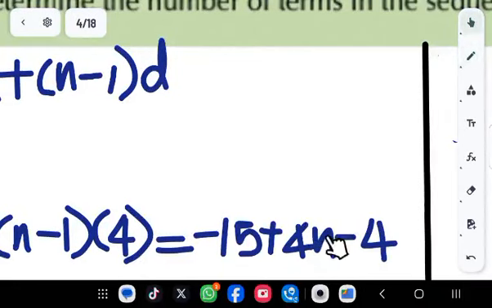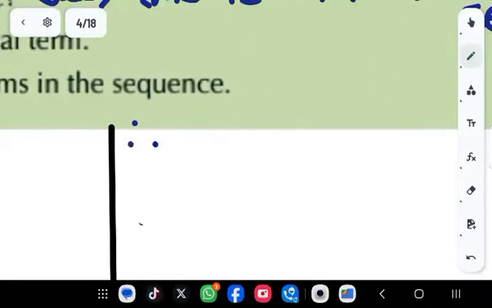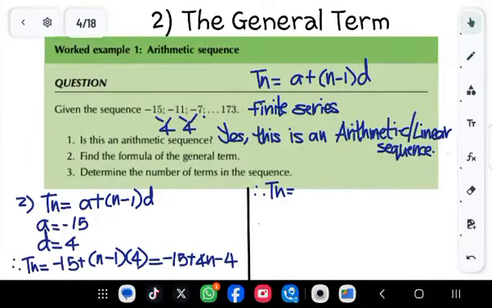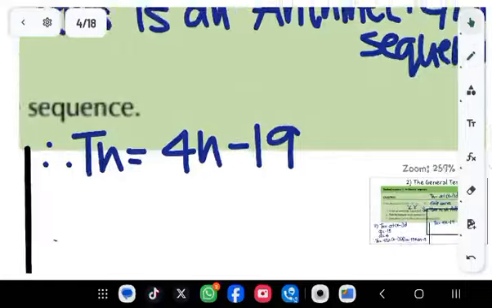So that's 4n minus 19. Therefore, the general term is 4n minus 19, because negative 15 minus 4 gives us negative 19. That is the general term.